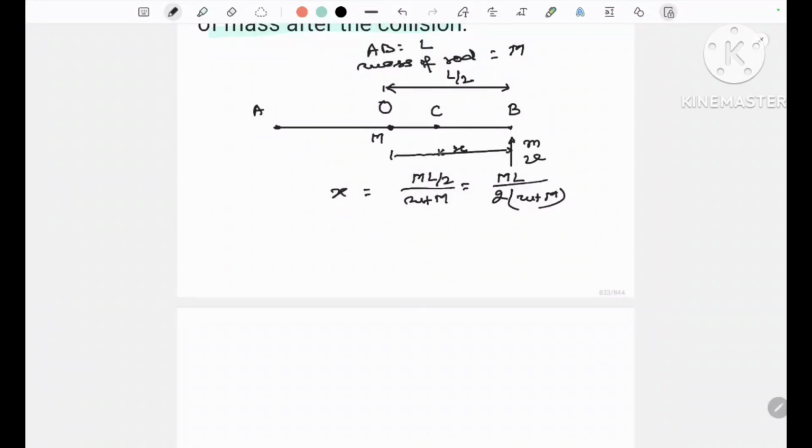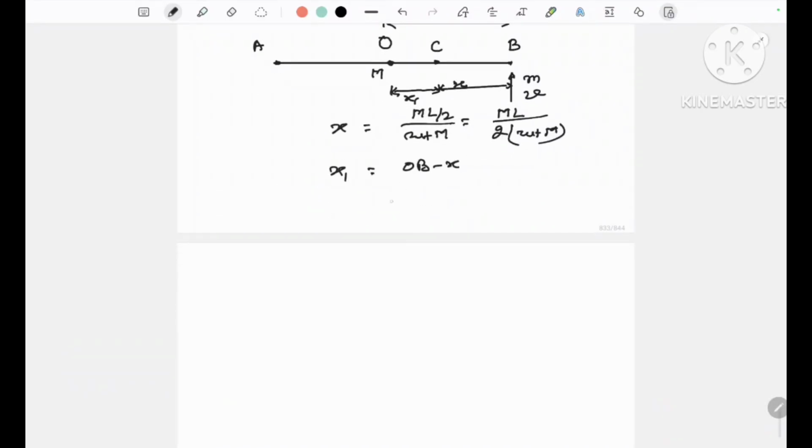Suppose this is X1. So X1 will be OB minus x, OB is L/2 minus ML/2(M plus m), and this comes to be mL/2(M plus m).